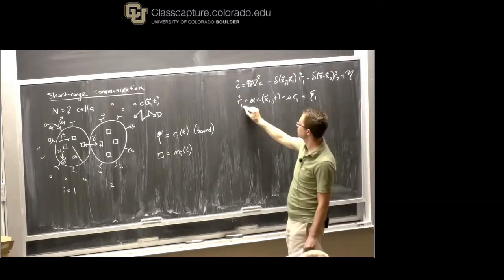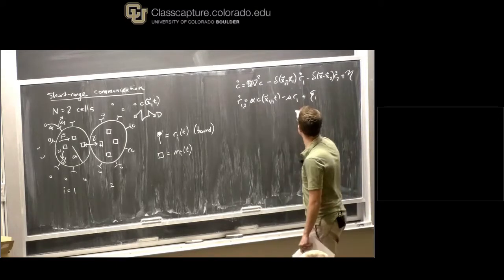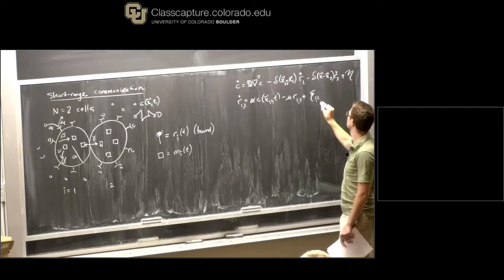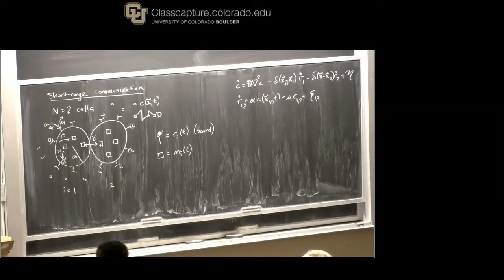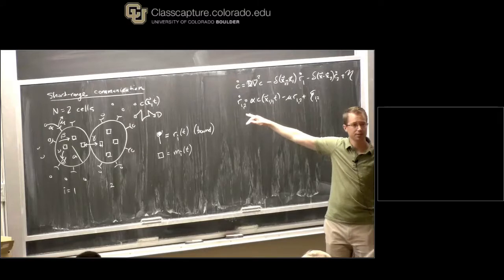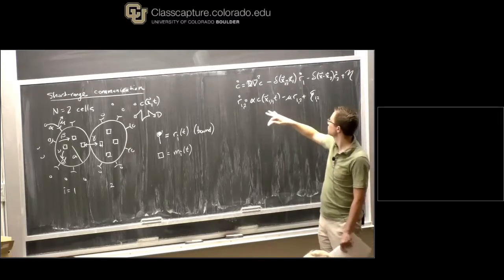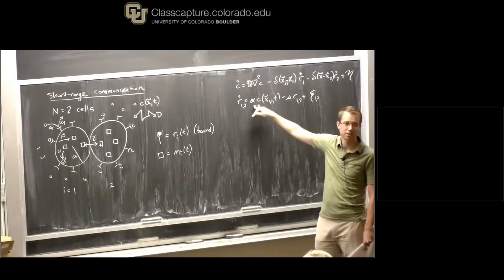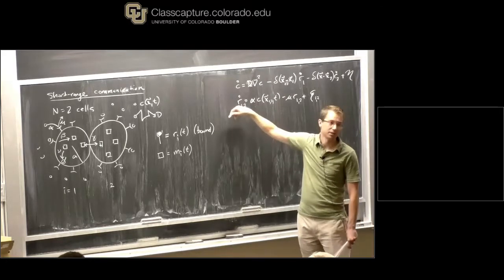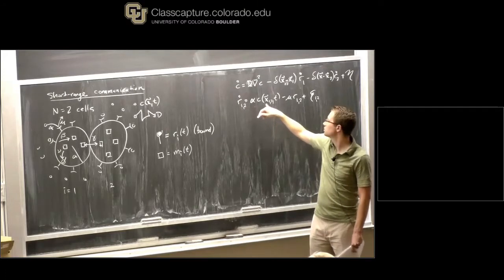And of course, this is the same for cell 2 as well. Now, here's where I'm neglecting receptor saturation, because in principle, the rate of binding receptors depends on the number of free receptors, which would be like capital R minus R, but I'm neglecting that. That's all being shoved into this alpha.